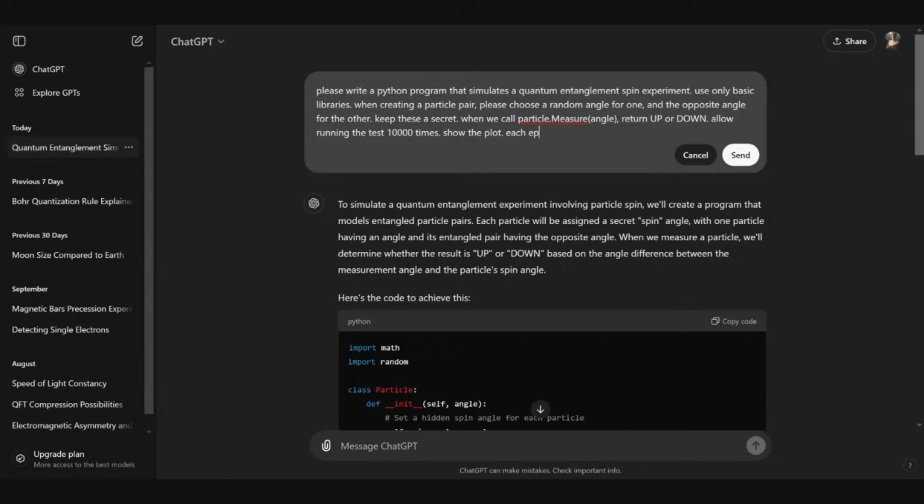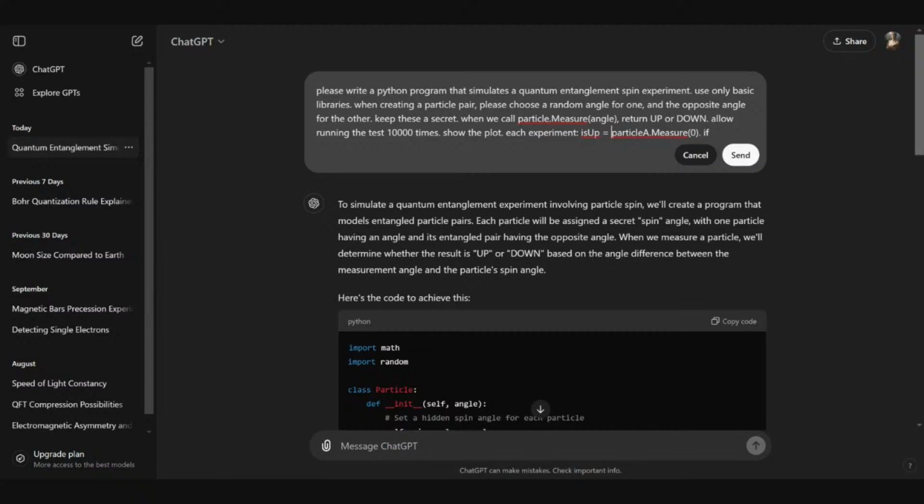Each experiment: you measure particle A. Is A up?